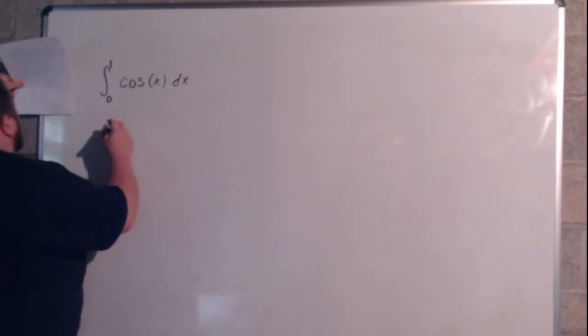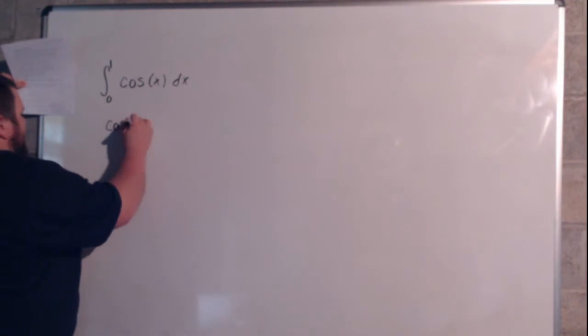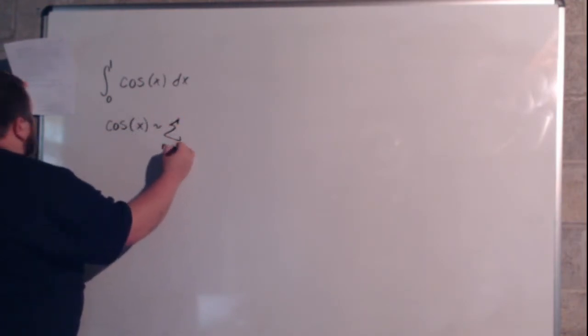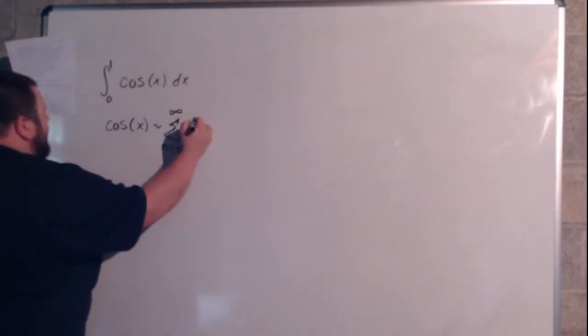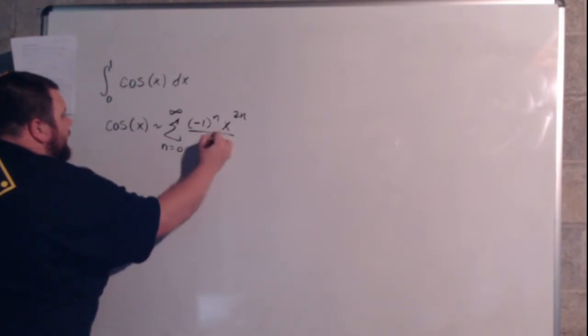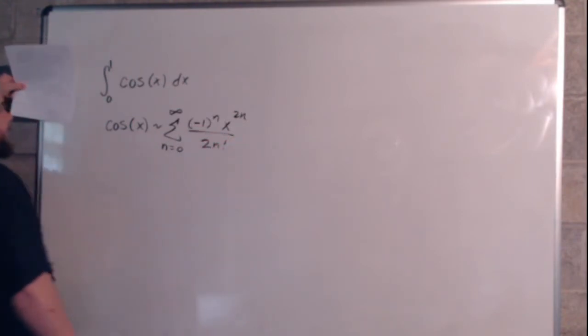So again, it says use the first 6 terms given that cosine of x is equal to the sum from 0 to infinity, negative 1 to the n, x to the 2n over 2n factorial.